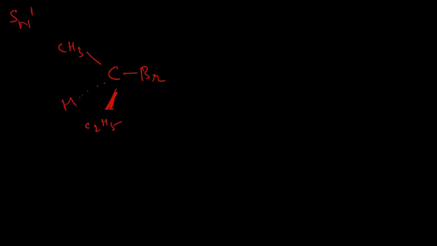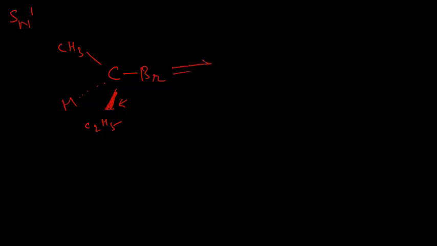The dotted line represents the bond behind the plane of the board or screen, and the solid wedge, the thick one, is in front of the plane of the paper or screen. So this is the three-dimensional arrangement of the molecule.